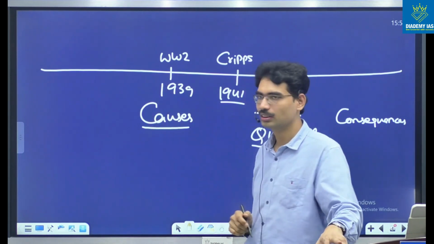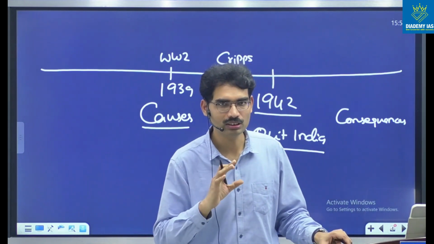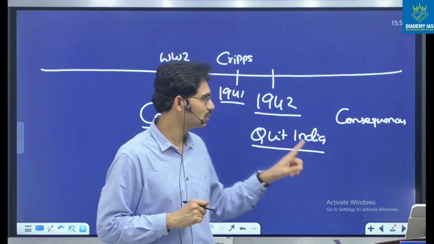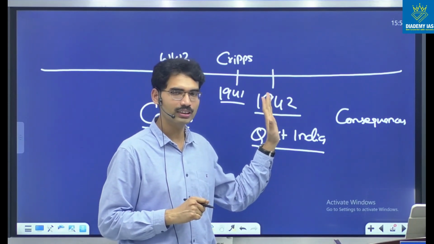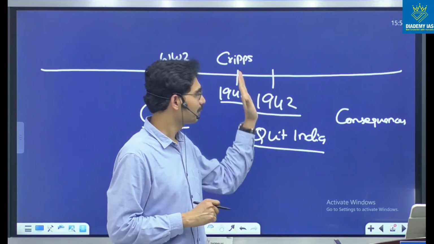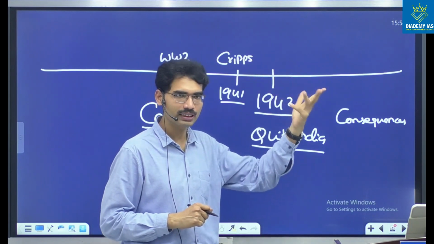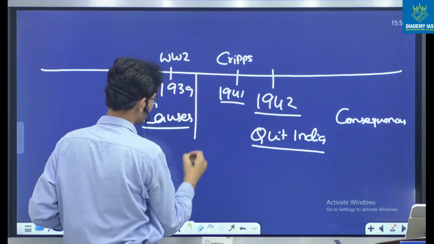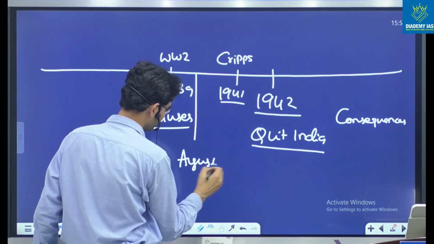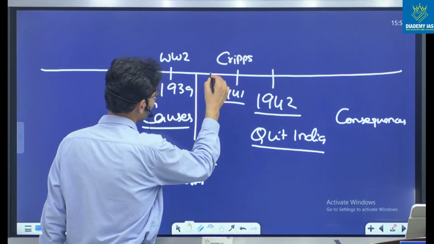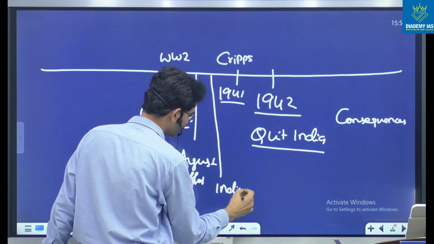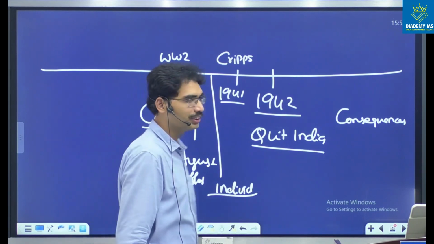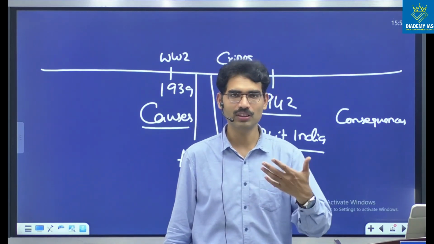They were fighting. India said, we will not support this war unless you shift authority, sovereignty to Indians. But they did not listen. They offered dominion status. After this, the August Offer came. We rejected. Then Gandhiji started individual satyagraha. Vinoba Bhave was the first person.